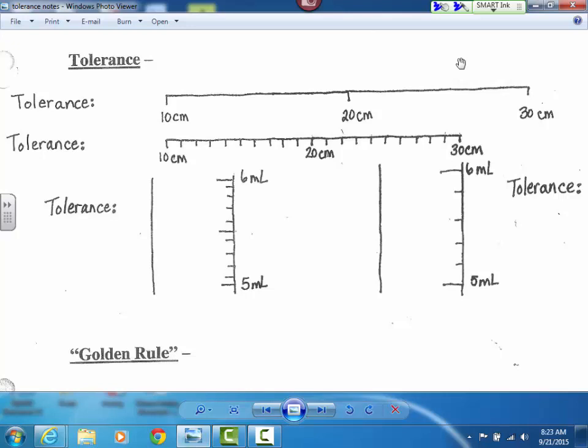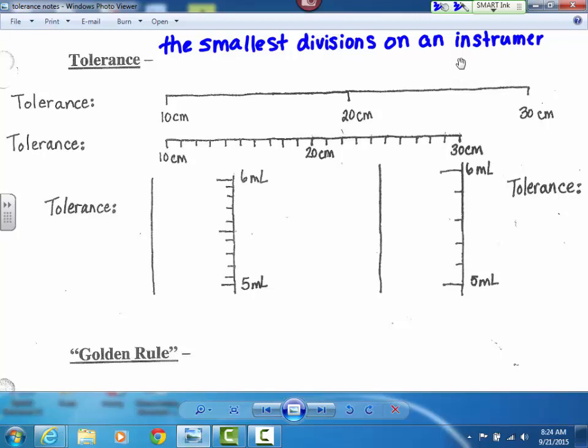The tolerance of an instrument is the smallest divisions, and by divisions I mean lines, so the smallest set of lines on an instrument that can be expressed or written as a power of 10.